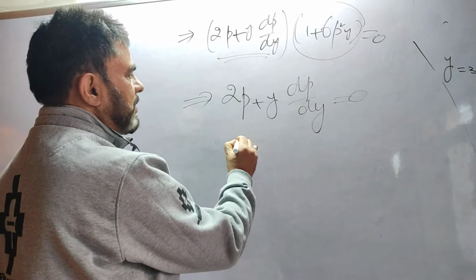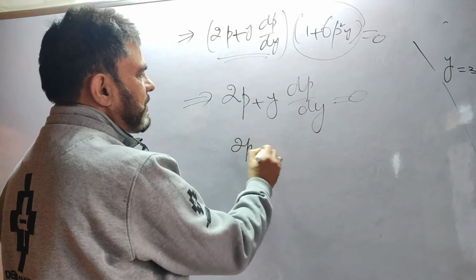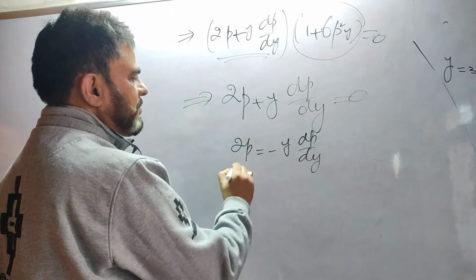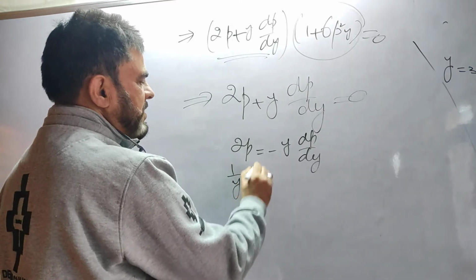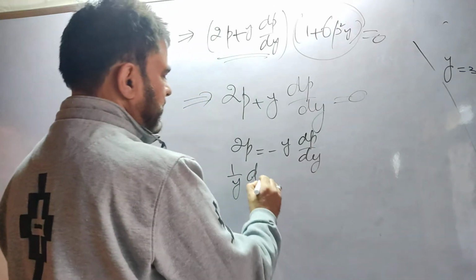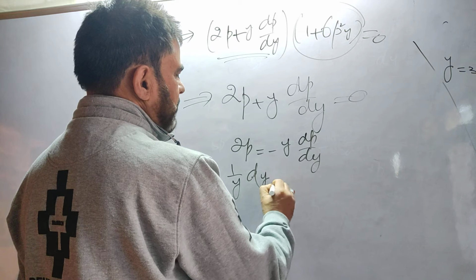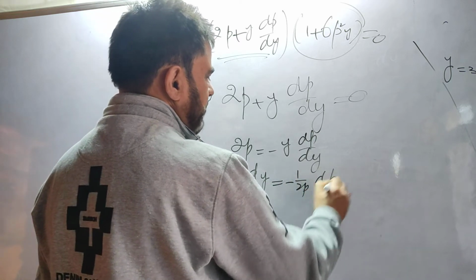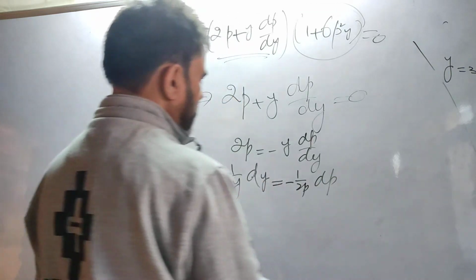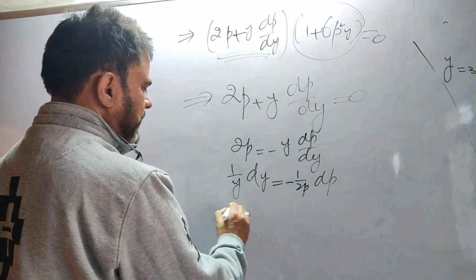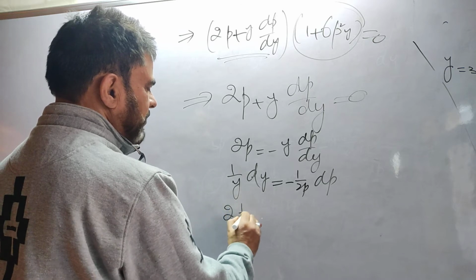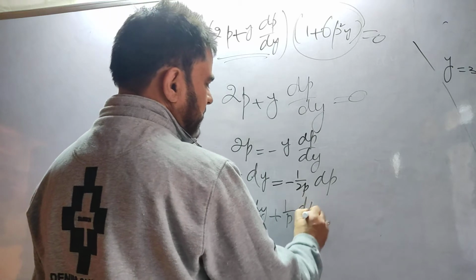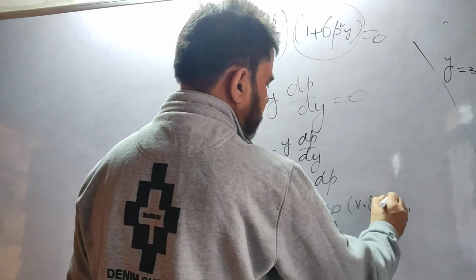This you can write 2p is equal to minus y dp by dy. This gives you 1 by y dy is equal to minus 1 by 2p dp, or you can write twice 1 by y dy plus 1 by p dp is 0. So variables got separated. Integrate.